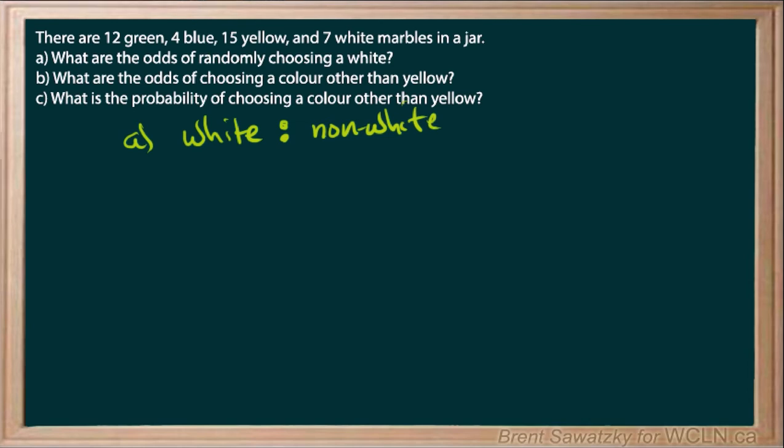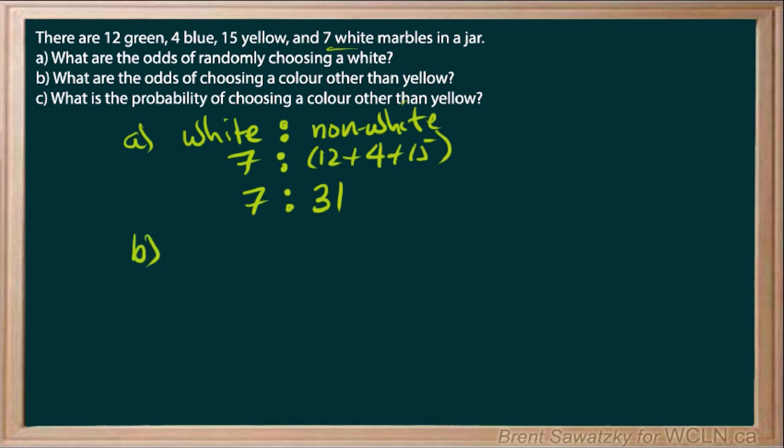And so we take a look and we have 7 white, and what we have to do is establish how many non-white here. So we have 12 green, 4 blue, 15 yellow. So we can add all those up, 12 plus 4 plus 15, and we have 31. And so there's our odds.